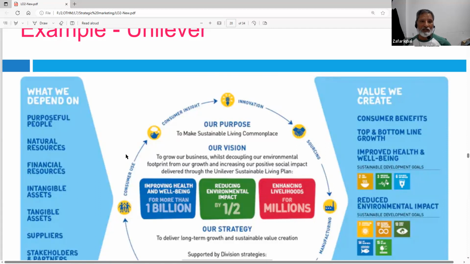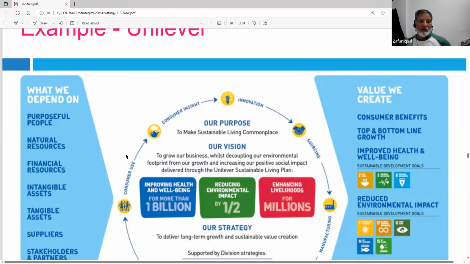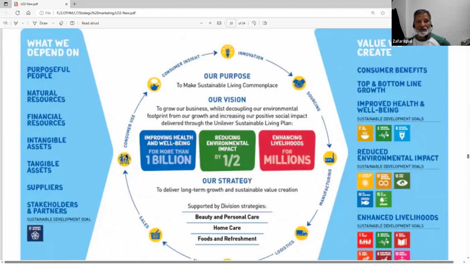So for example, Unilever is using its natural resources and financial resources for the betterment of consumers, creating better value for the organization and taking the environment into account. Their purpose is to make sustainable living commonplace.